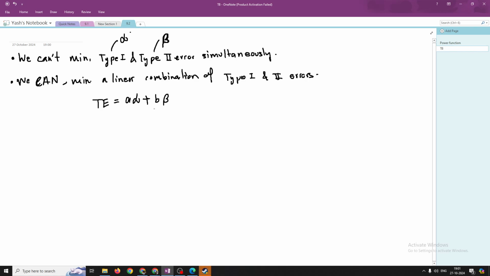I can minimize this total error. And then comes the Neyman-Pearson lemma, which says the same thing in a different manner: if we fix either alpha or beta, we can minimize the other.